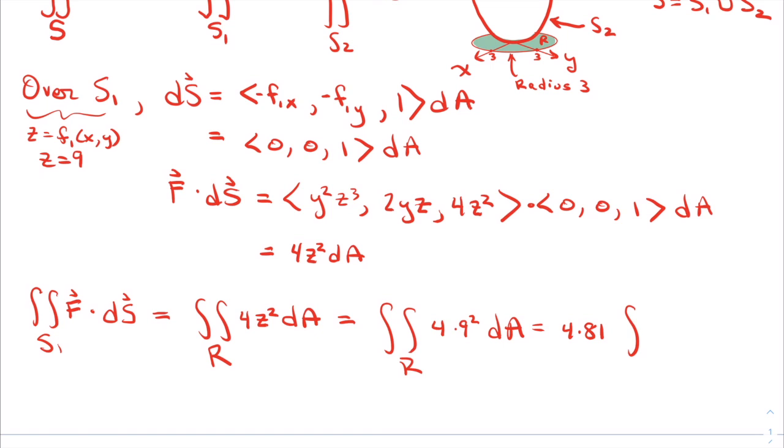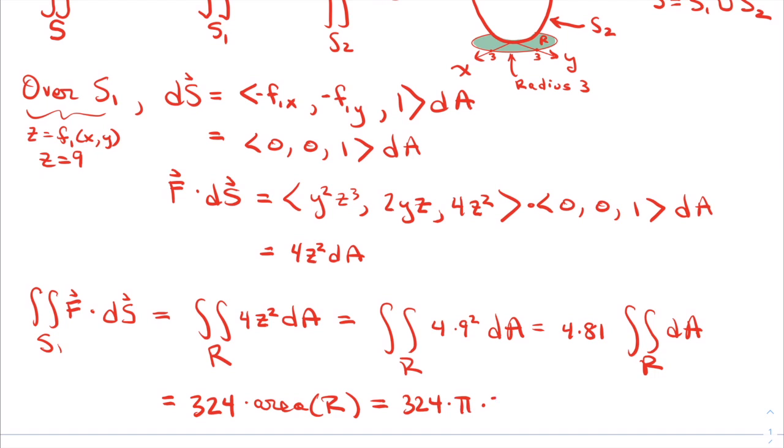Okay, but we just have a double integral over R dA, like that. So what's 4 times 81? That would be 324? Okay, and then times the area of R. So this is 324 times pi times, this is a circle of radius 3, right?